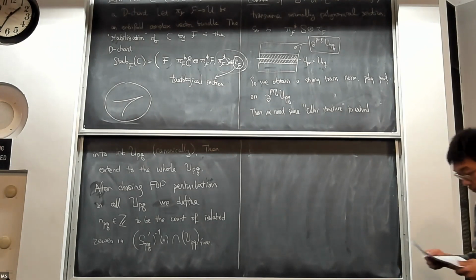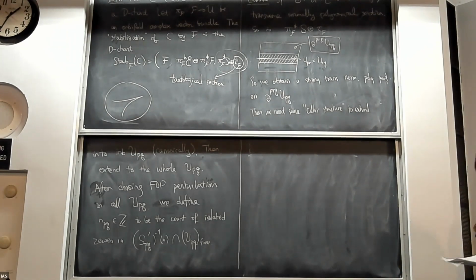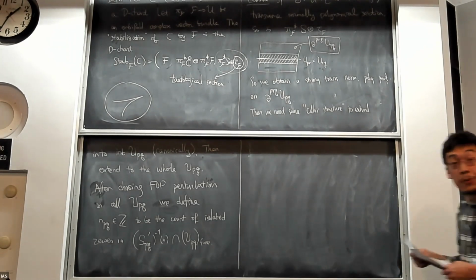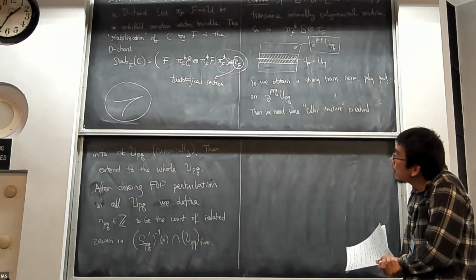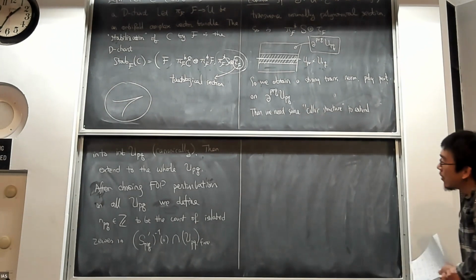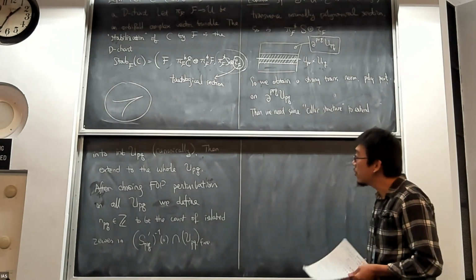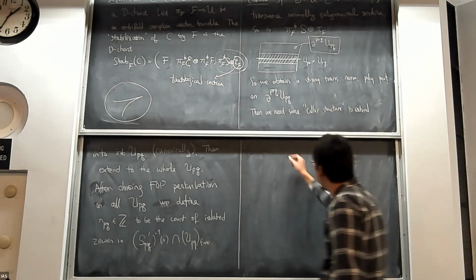So before I write more algebraic stuff, let me draw one more picture to tell you what happened. What's the intuition about this FOP type perturbation?